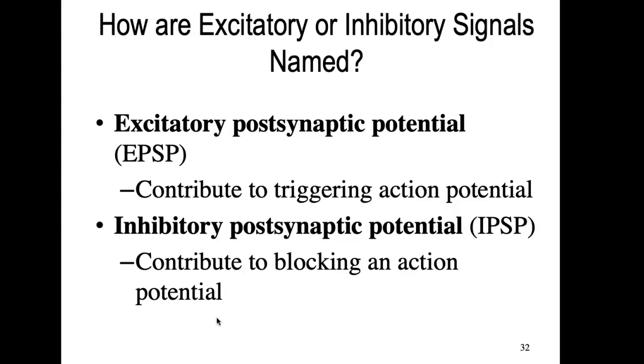So an EPSP is going to trigger an action potential, or there is the inhibitory postsynaptic potential, or IPSP. Those are the ones contributing to the blocking of an action, like the tremor in the hand that you don't want. When you bring your weight down, you don't want to be moving it around in all directions. You want it to be a smooth action, and that's because you have inhibitory postsynaptic potentials that are also part of that movement.